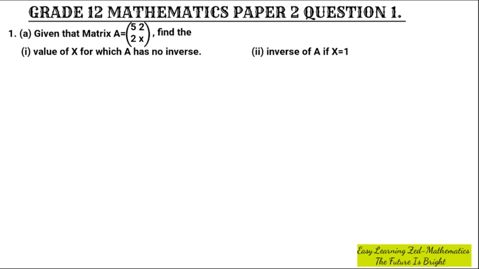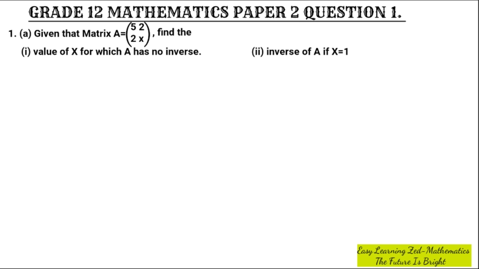Okay, let's go to question 1a1. We are asked to find the value of x for which matrix A has no inverse. When you are told that a certain matrix has no inverse, you should also know that the determinant of this matrix is 0. Why am I talking about a determinant?